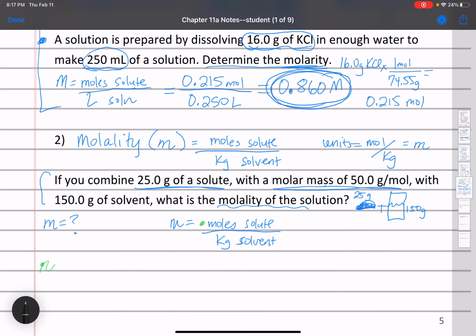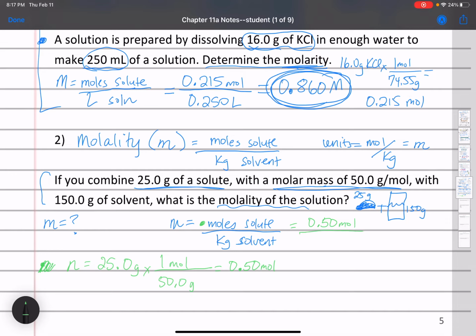Moles is represented by the letter n, like in PV equals nRT, our ideal gas law. So the moles will be the mass of our solute divided by the molar mass. 1 mole is 50.0 grams. So that means we have 0.50 moles of solute.